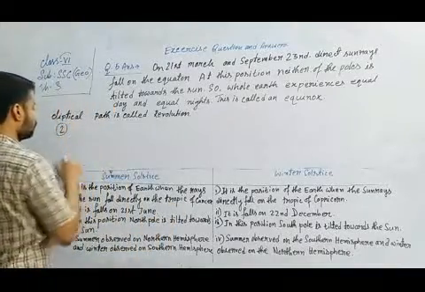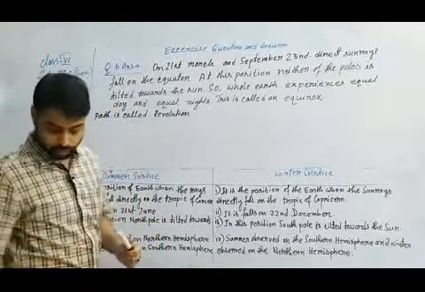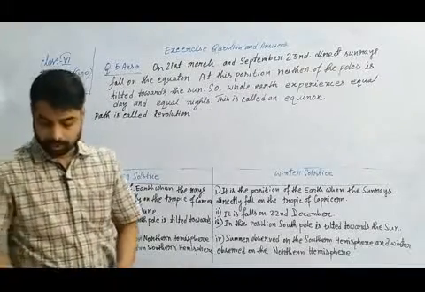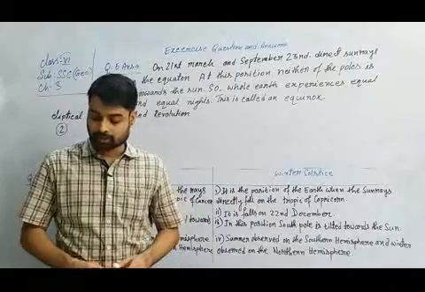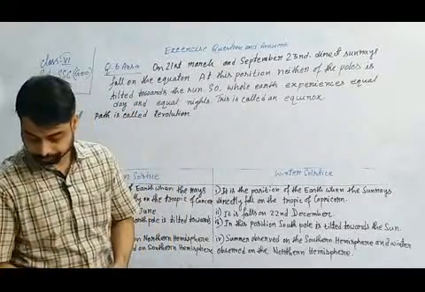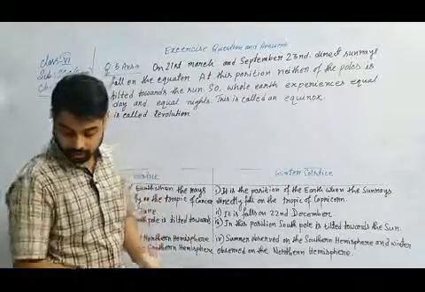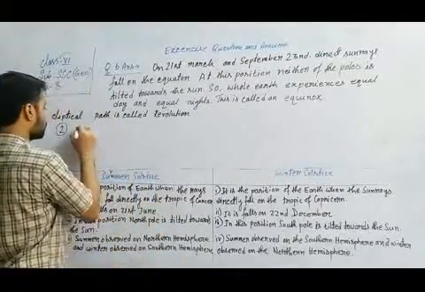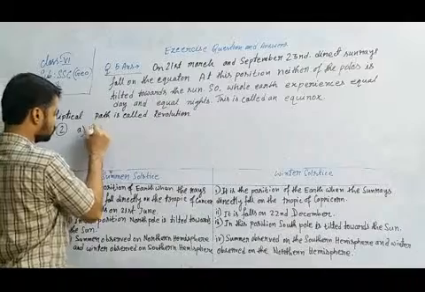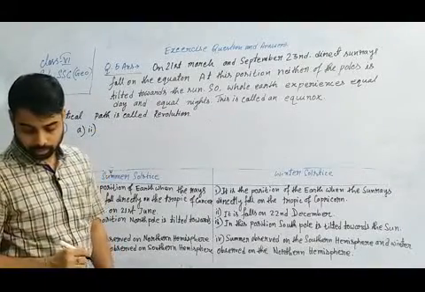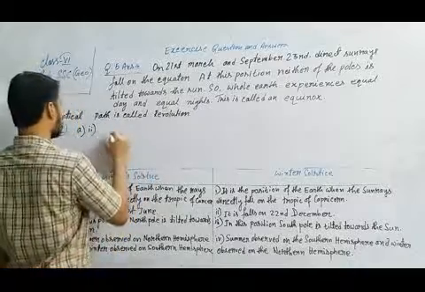Question number 2. Pick the correct answer. The first one: the movement of the earth around the sun is known as revolution. Option number A 2. Revolution.